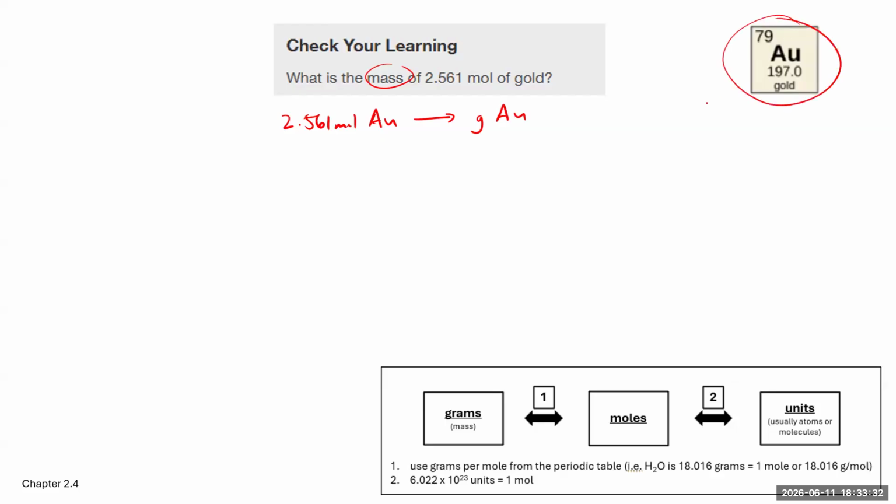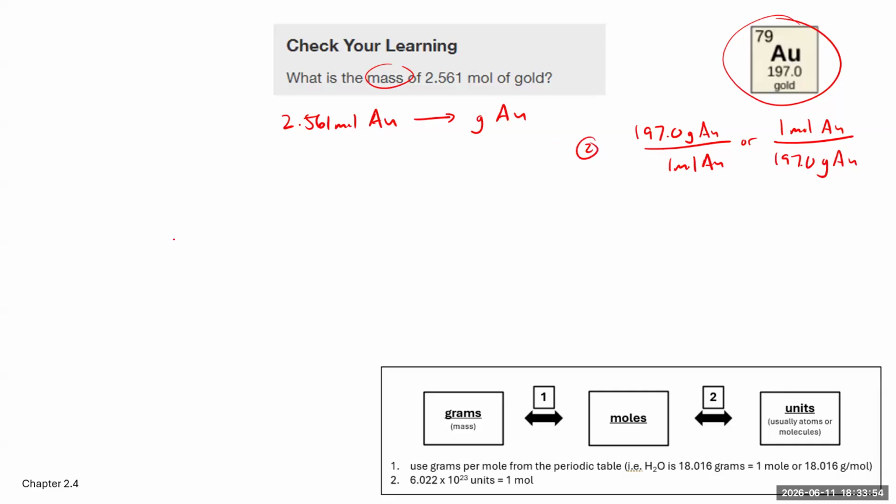Well, periodic table. So it's going to be 197.0 grams of gold over 1 mole of gold. Or, again, write two different fractions. And you might be at the point where you can just stop writing these two fractions because you've practiced enough, right? But let's check it out.